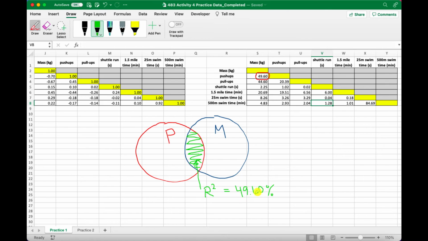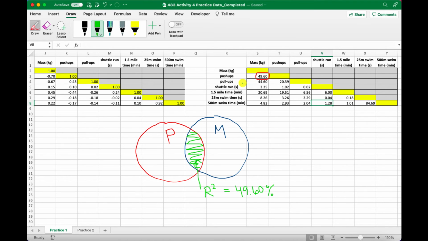So what this would mean is that, well, I guess it depends on which way you're looking at it, but it would mean that 49.6% of the variability we see in push-ups, let's say, is explained by its relationship with mass. Hopefully that makes sense.